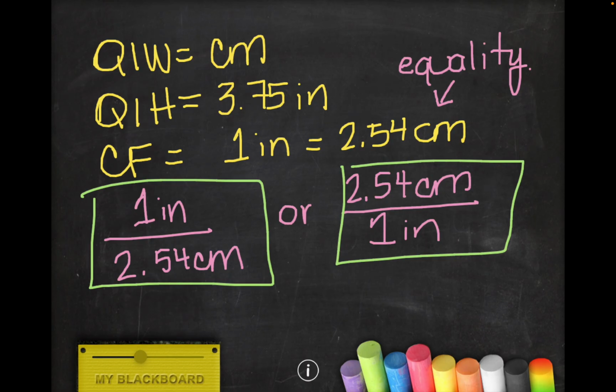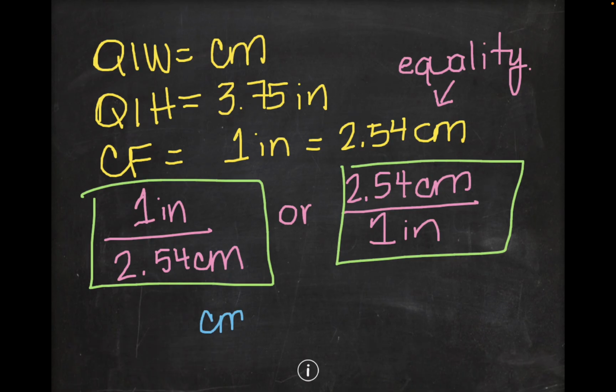So if you remember, quantity I want equals quantity I have times the conversion factor. So let's substitute in the formula. I am looking for centimeters. I have 3.75 inches. Which conversion factor am I going to use?